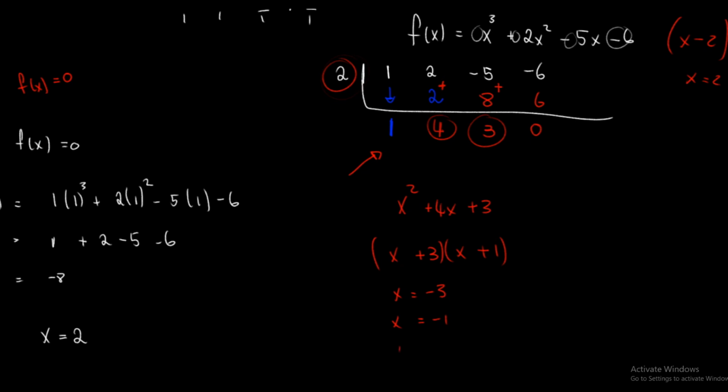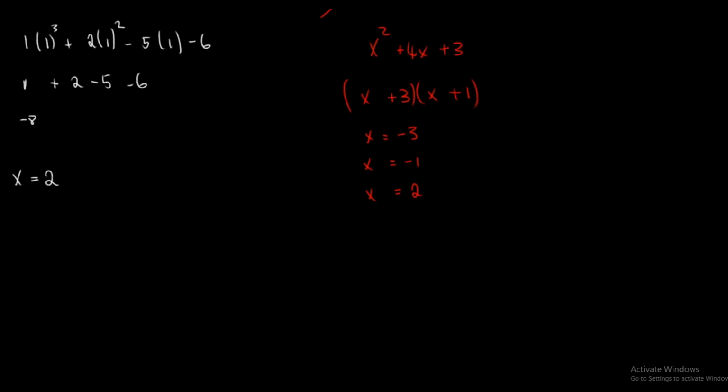So my 3 x values are x is equal to negative 3, x is equal to negative 1, and x is equal to 2. So I can rewrite this as three brackets: x plus 3, x plus 1, and x minus 2 is in fact equal to x cubed plus 2x squared minus 5x minus 6.